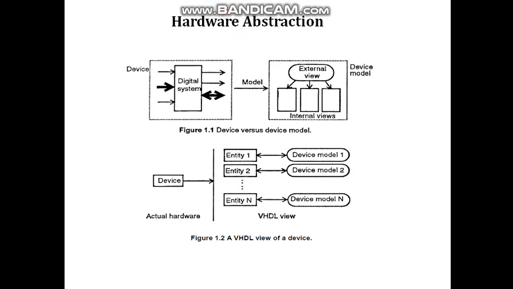So depending on our requirement, on which type of device model you require, your entity will be defined, and there is no restriction on entities. If a system requires n number of internal and n number of external views, then according to that we can connect or use n number of device models. So that is the complete VHDL hardware abstraction, the hardware structure that we observe here.